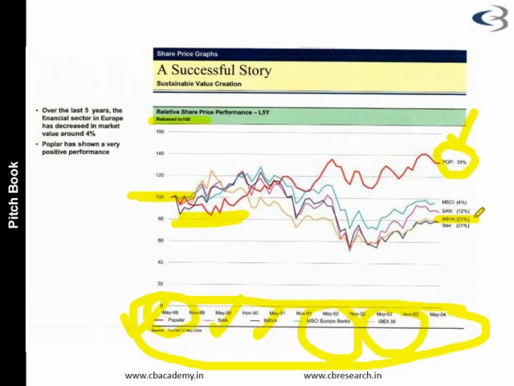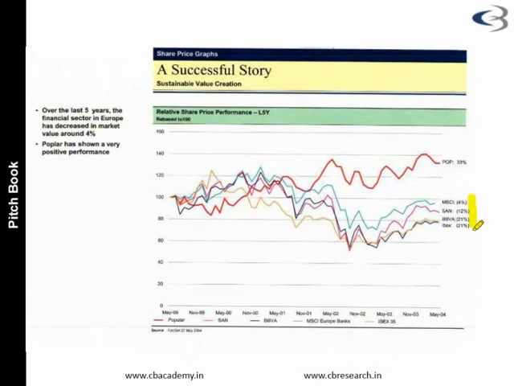BBVA is giving me a negative return, and Popular has provided me a positive return. If you see out here, POP is the only one who has provided you a positive return. The rest have all provided a negative return, and because all returns are negative, that's the reason we are showing these 4 returns in brackets.